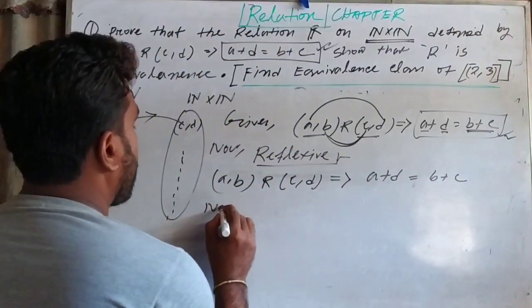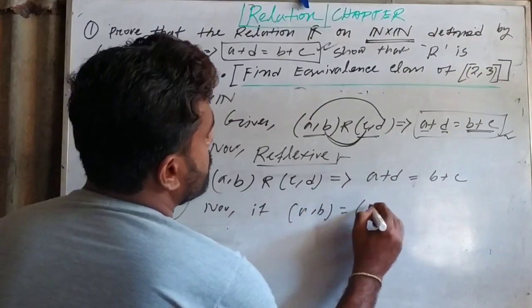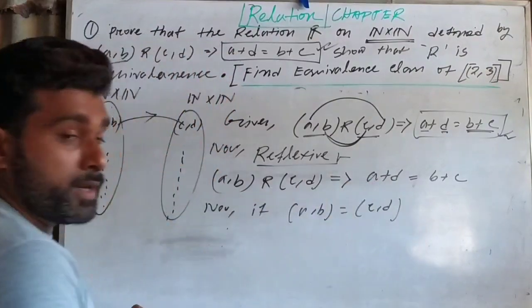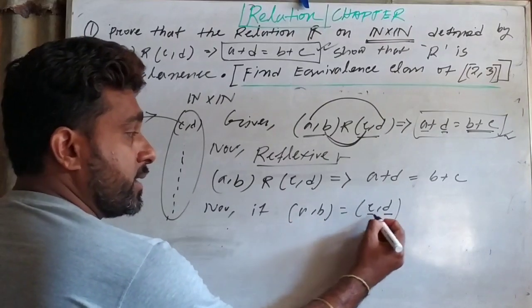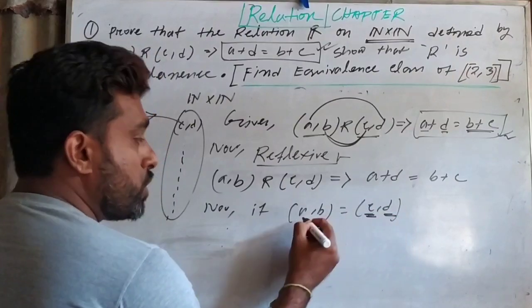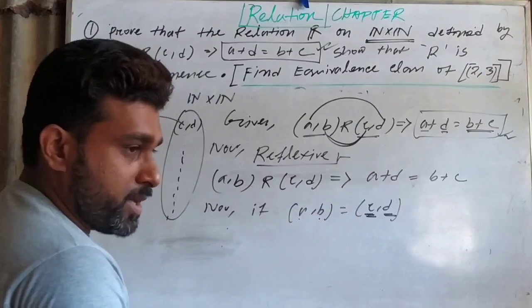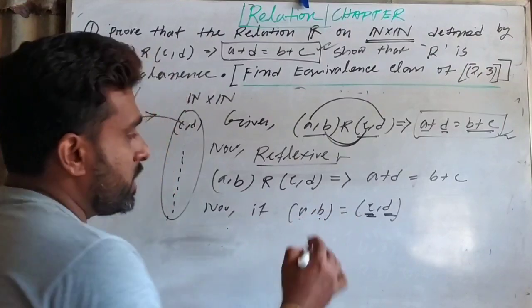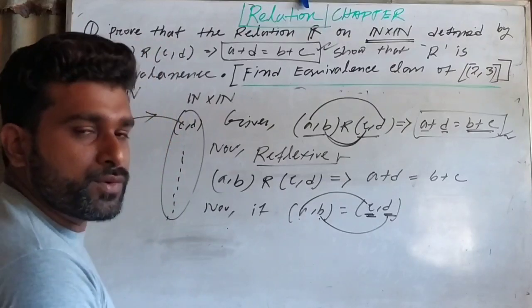Now, if ordered pair (A, B) equals (C, D), that means in place of C and D, we can put A and B respectively, because both the ordered pairs are same. If the two ordered pairs are same, then this element is same and this element is also same.